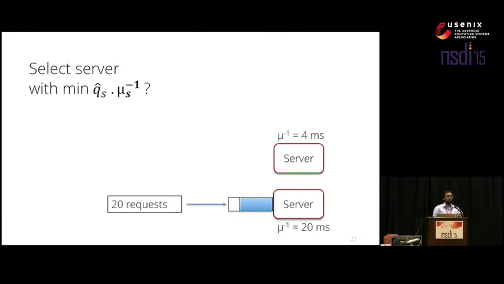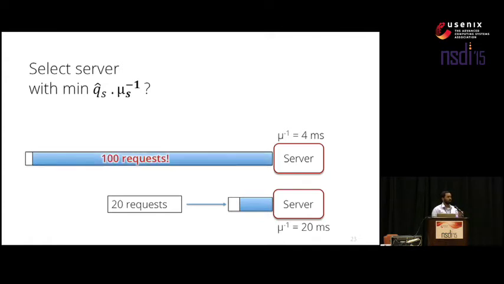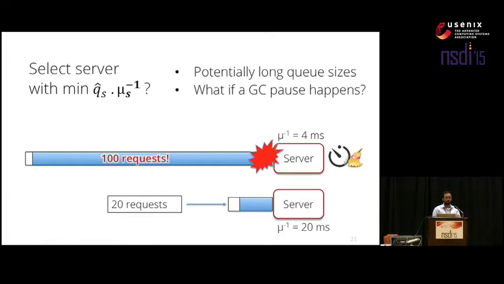If we use the scoring function, clients would aim to have 100 requests queued up at the faster server before switching servers again. This is bad primarily because we already established that performance fluctuations are the norm and not the exception. What if the server hits a garbage collection pause? If that happened, you would lose 100 requests to the long tail, and we don't want that.